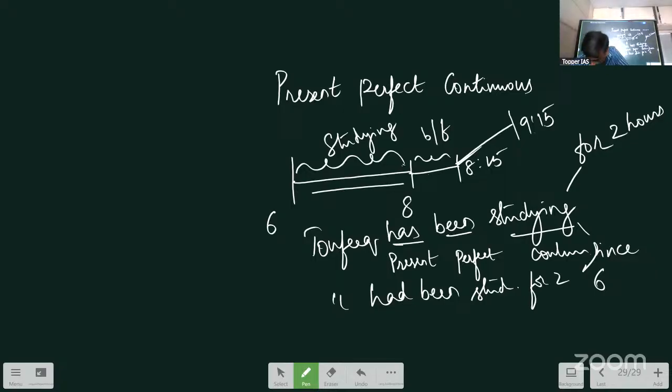So Wednesday, we will solve exercises and then we will start with subject verb agreement. That is a very important topic. After that, we can have conditional statements, question tags. Clear, all of you?